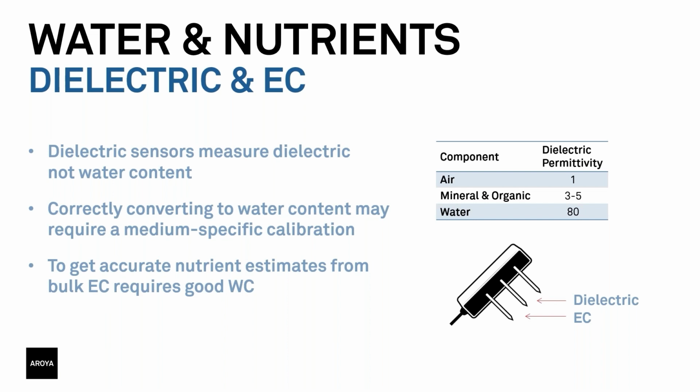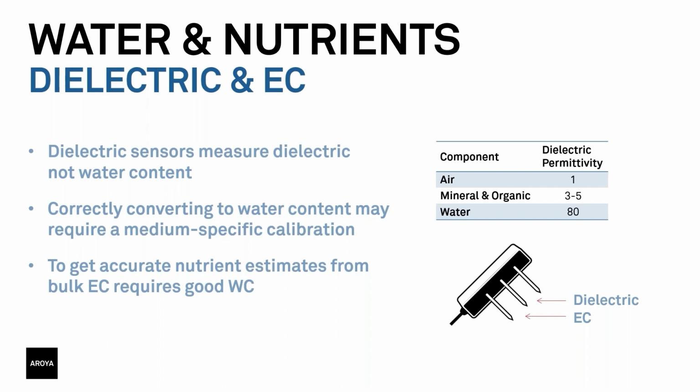The table above the picture shows the dielectric permittivity of the constituents. You can see that air has dielectric of 1, the mineral organic portion 3 to 5, and water 80. And so the dielectric signal is by far most strongly affected by the water, but it's also affected to some extent by the other factors as well.